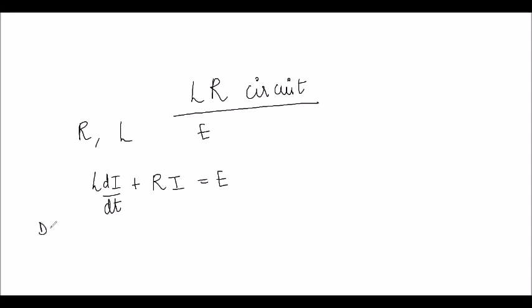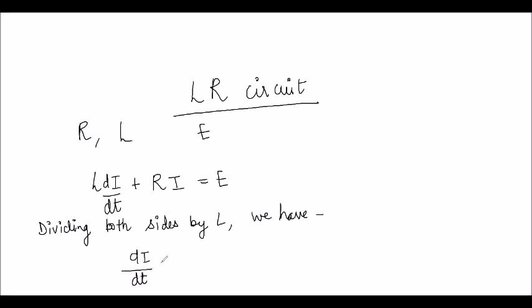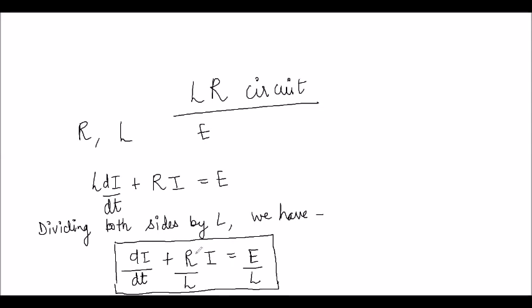So dividing both sides by L, we have dI by dt plus R by L times I, and the right hand side will become E by L. Now, this is the differential equation corresponding to LR circuit, where R and L are constant.